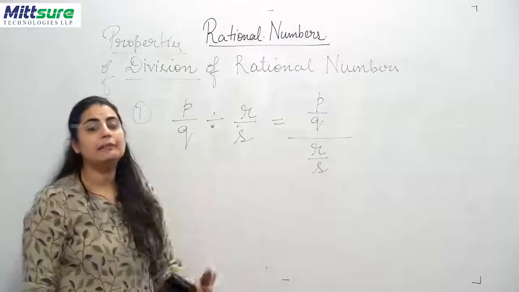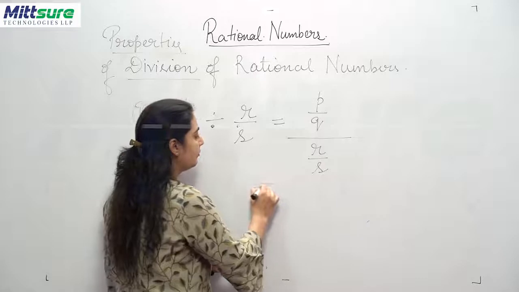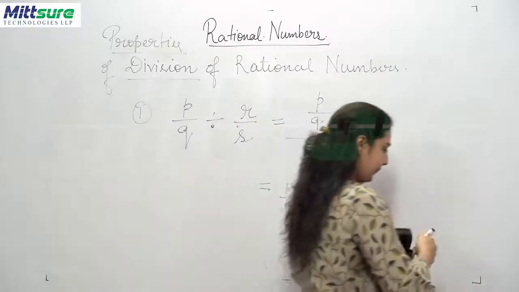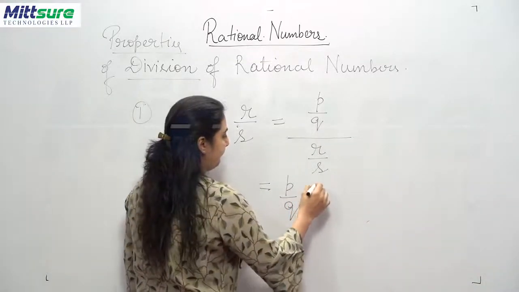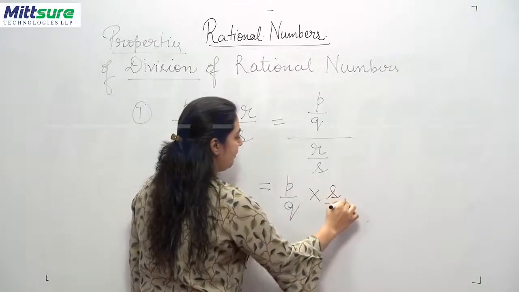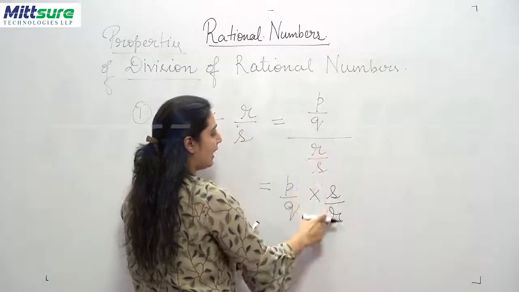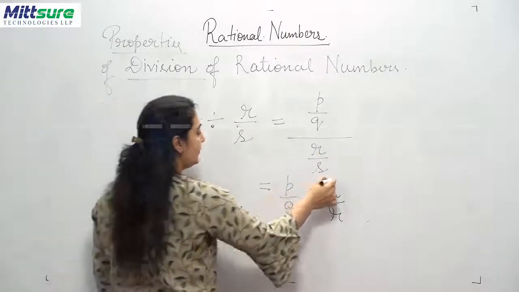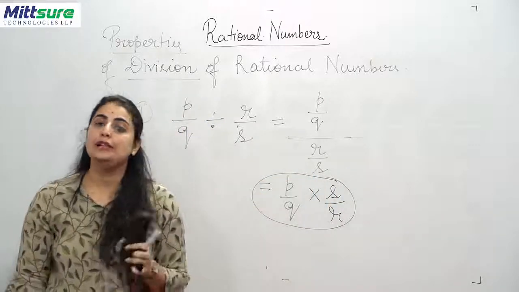Instead of writing the multiplicative inverse, if you write it in this form, you will result in P upon Q multiplied by S upon R. That means this S will go up and the R will come into the denominator. So certainly you will reach to the multiplicative inverse form, that is the second step of the division.